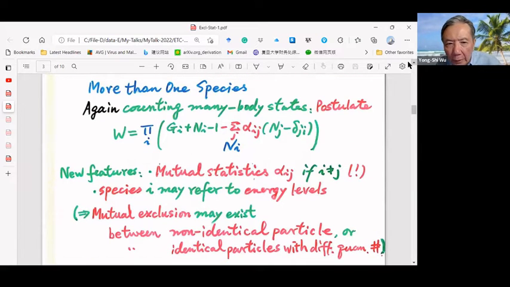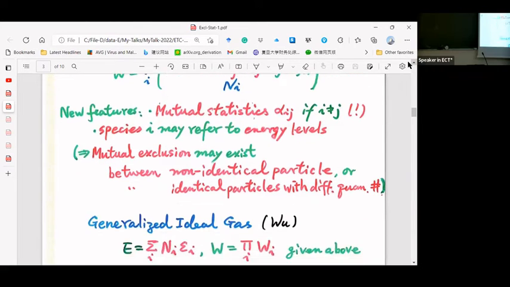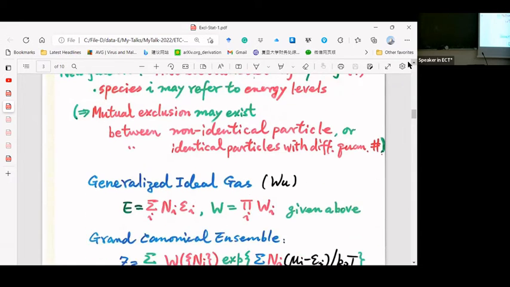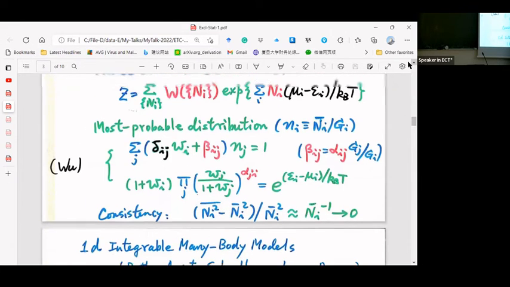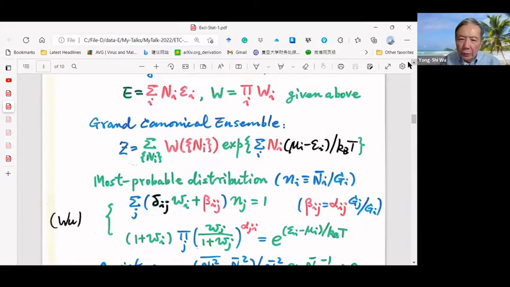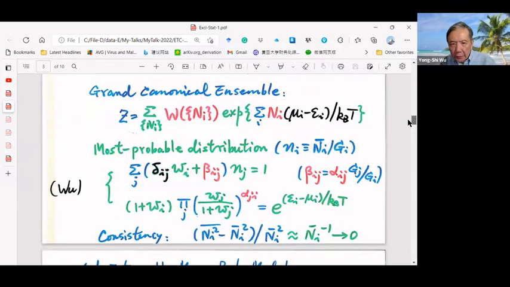Is this one. Can you see? Yes, thank you. My postulate, okay, yeah. So these two equations are important to obtain the most probable occupation number distribution.